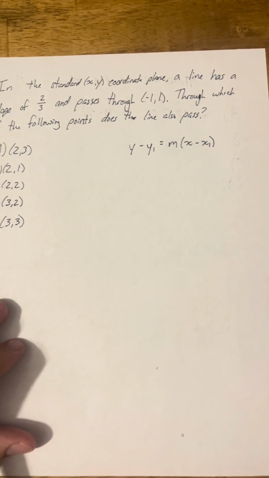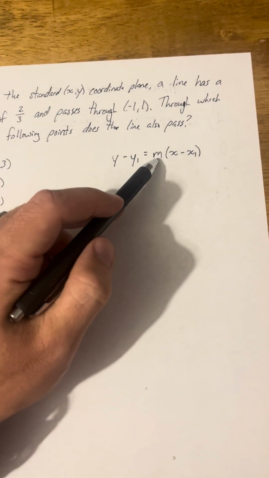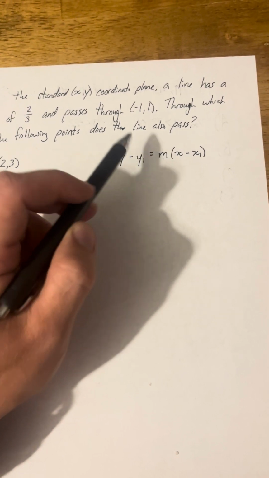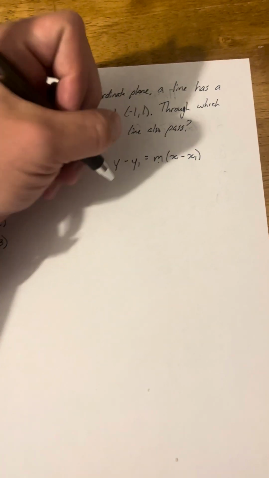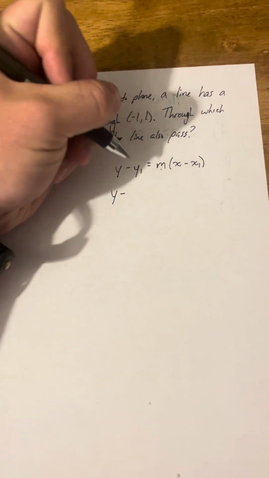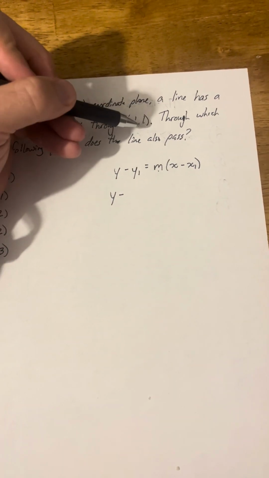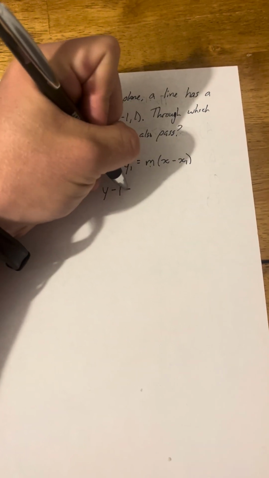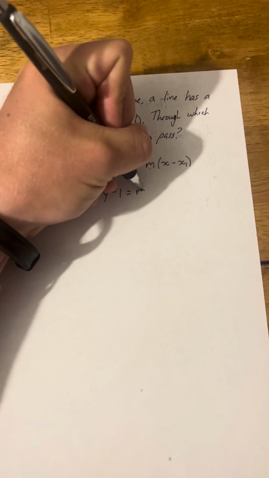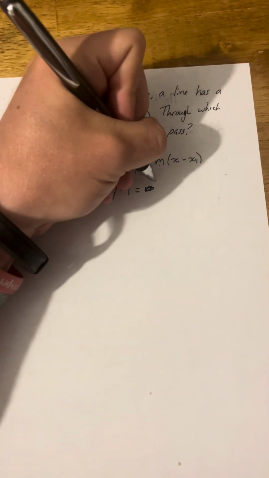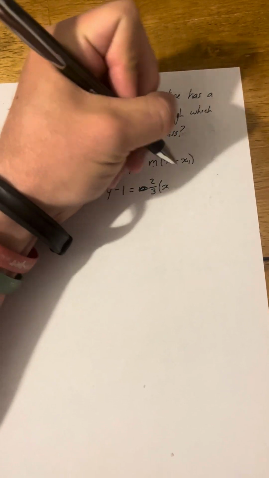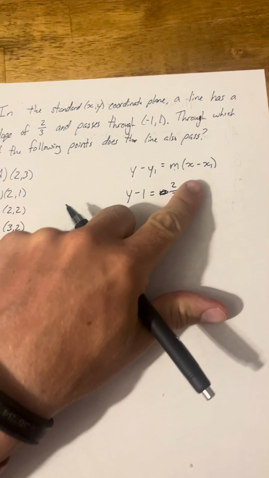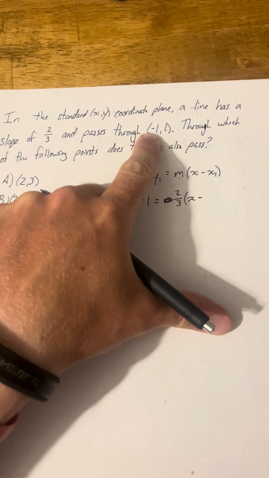What you plug in, your slope, of course, is your m, so your slope goes in for m, and the point that you're given goes in for y1 and x1. So when we plug that in, that will be y minus, our y1 is 1, equals, oh sorry, our m is 2/3, so take m out, put 2/3 in, and then in the parentheses I put x minus, and then my x1 for the point given to me is -1.